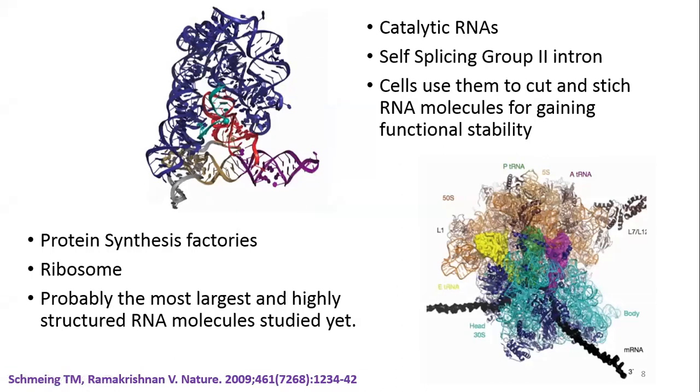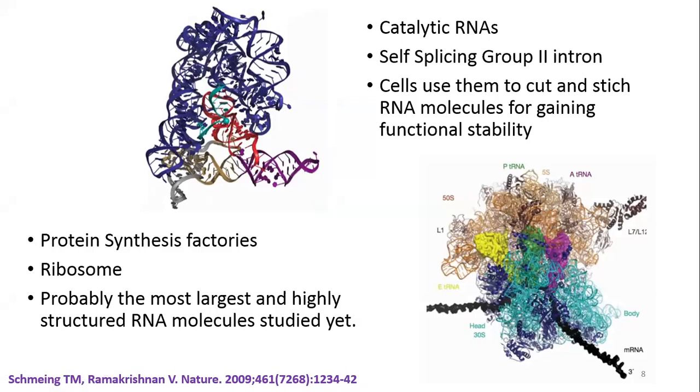Not all RNAs that have a functional nature are created as they are. In order to gain functional stability, some portion of that RNA molecule needs to be cleaved off, so that it becomes mature and can gain functional stability.